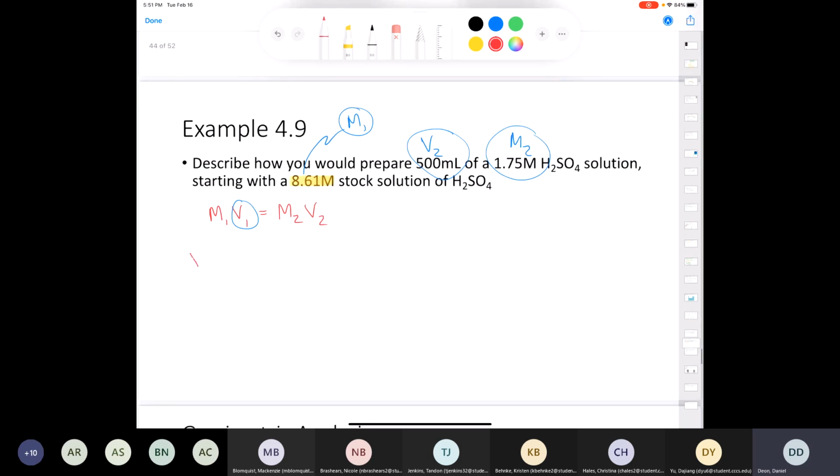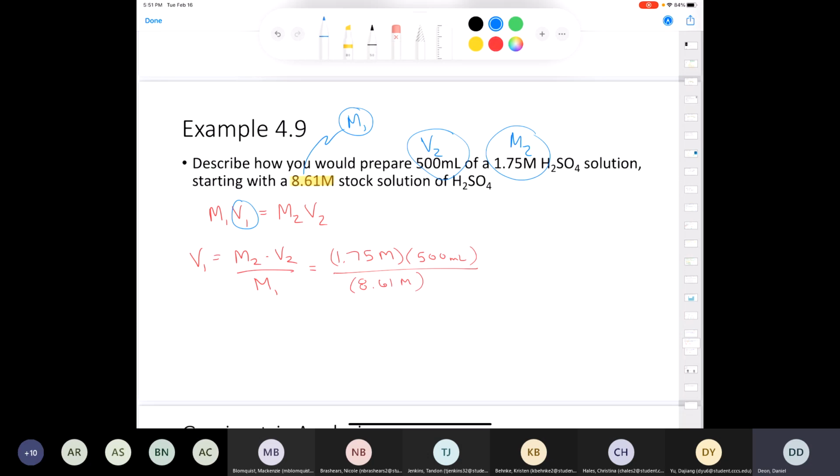When we do that, we get V1 is equal to M2 times V2 divided by M1. We just plug in our numbers. We have our M2, which is 1.75 molar. We're going to multiply that by our V2, which is 500 milliliters. And we're going to divide that by the molarity of our stock solution, which is 8.61 molar.